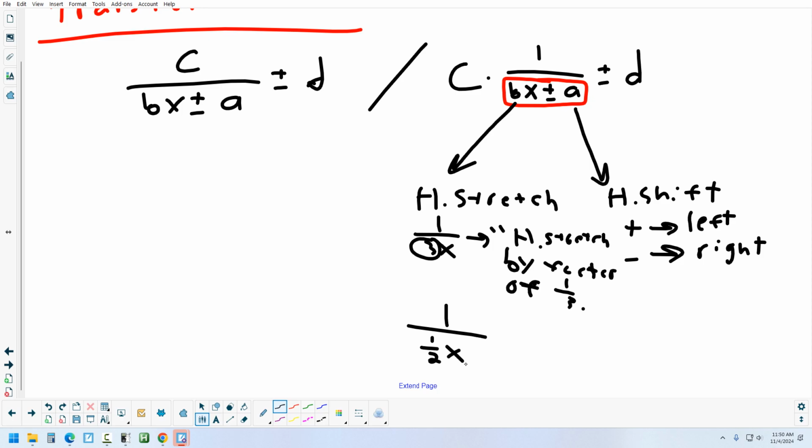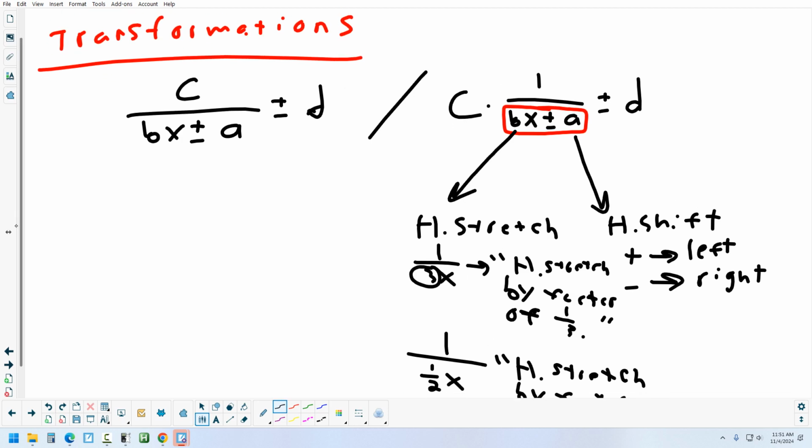That's a small number. That stretches your graph bigger. Small numbers make it bigger. It's the opposite. So this would be horizontal stretch by factor of 2. I know it's weird, it's how it is. It's a small number, so it stretches it bigger.